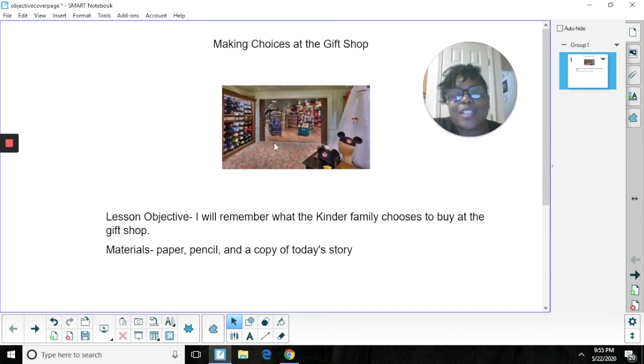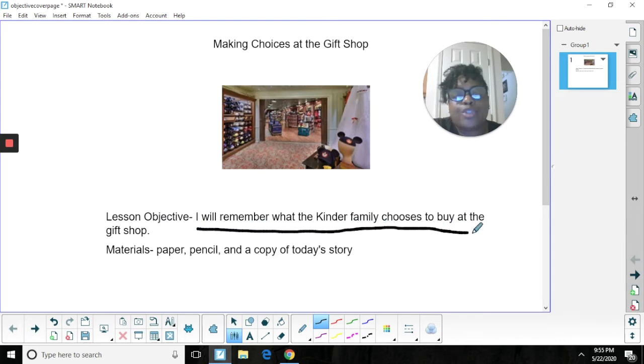Okay, and as you can see here, we have a picture of a gift shop, all right? So this is our lesson objective here, and it says, I will remember what the Kinder family chooses to buy at the gift shop. What are the materials that you're going to need?